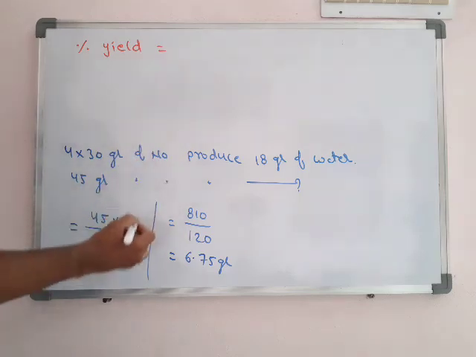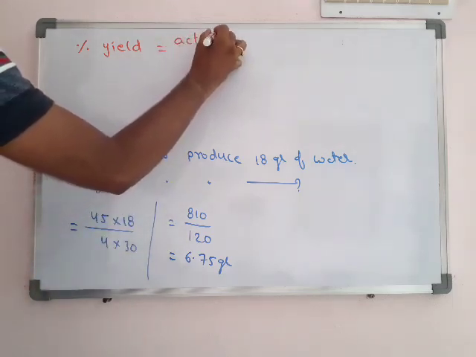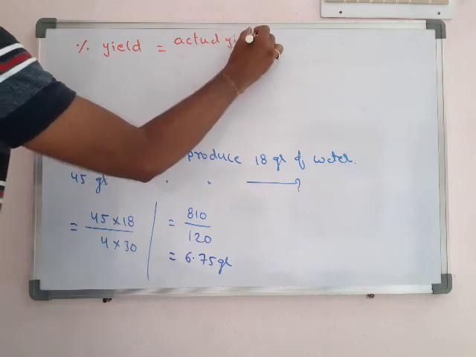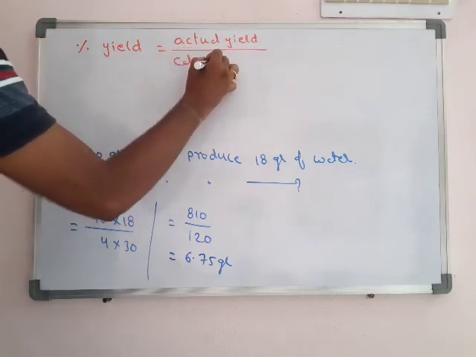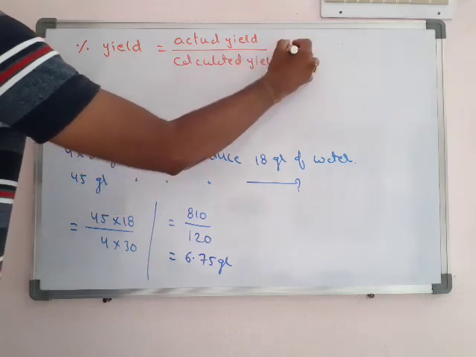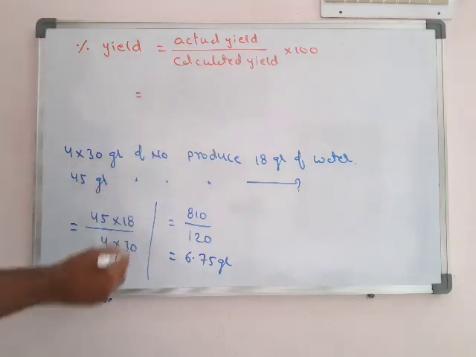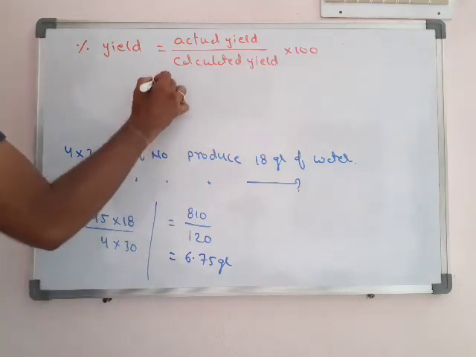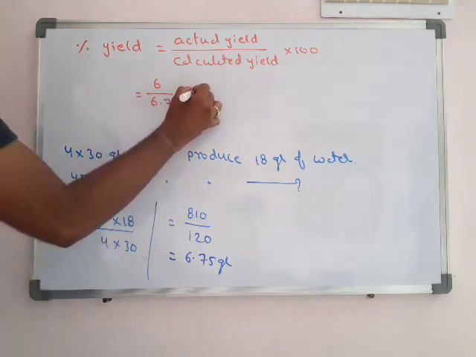So percent yield equals, so how much? Actual over theoretical. So what is the actual yield? Actual yield means the experimental. So how much should form? 6.75.